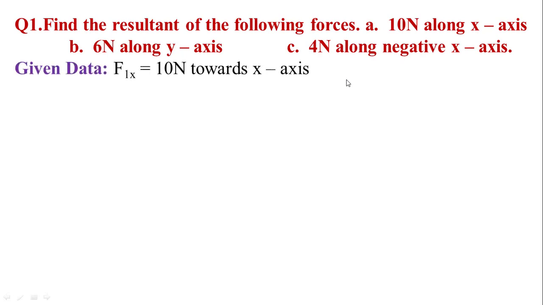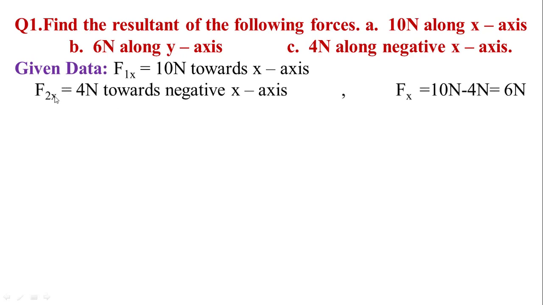Now we can solve this. We can write the given data. F1x is 10 Newton along the positive x-axis, and F2x is equal to 4 Newton along the negative x-axis. First of all, we find the force along the x-axis.